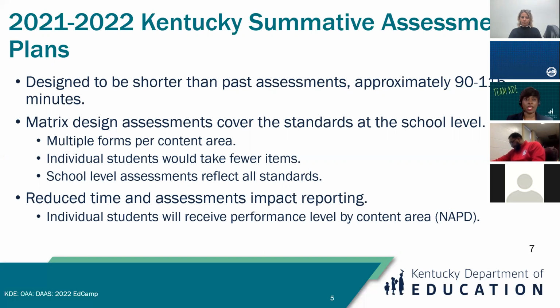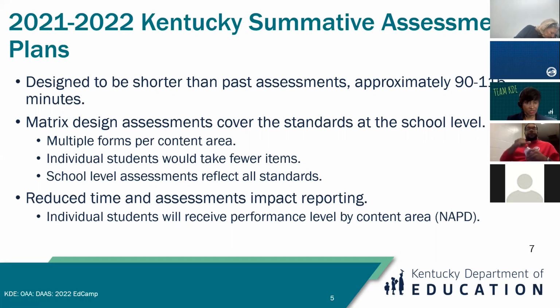standards. And the way we do that is we'll have multiple forms per content area. So having those multiple forms, we can ensure that we're covering the entire standard for each content. So the individual students will take fewer items.